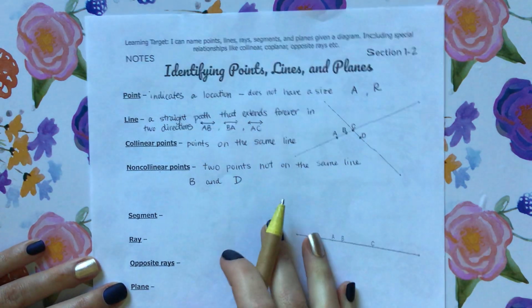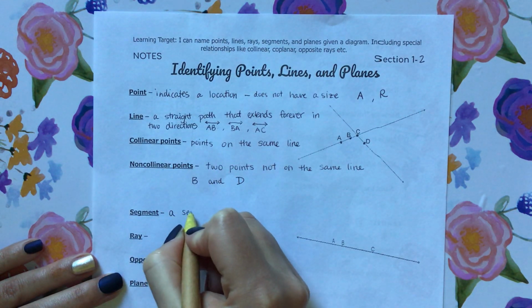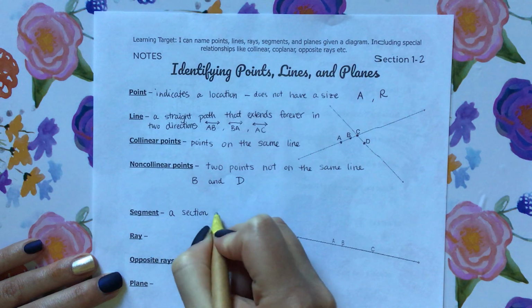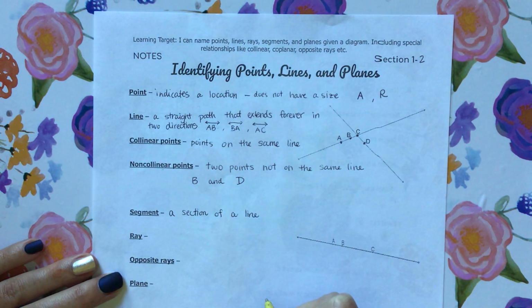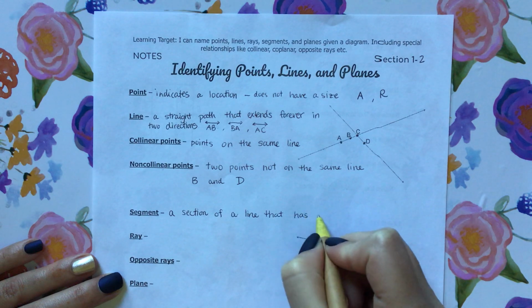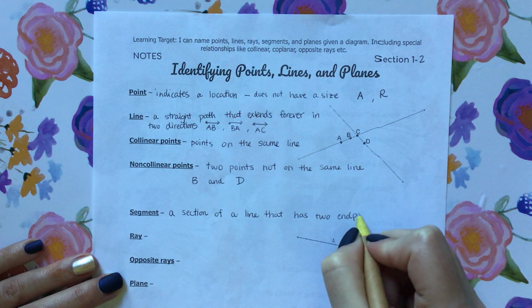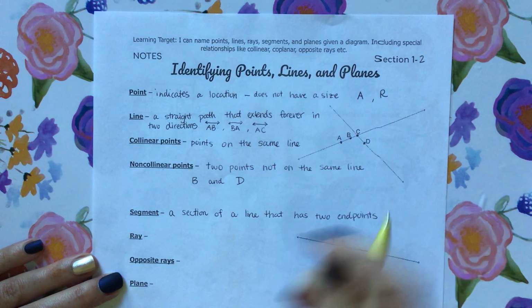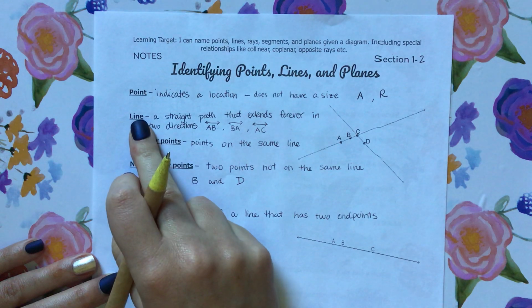So it is a section of a line that has two endpoints. So line segments fall on lines themselves.